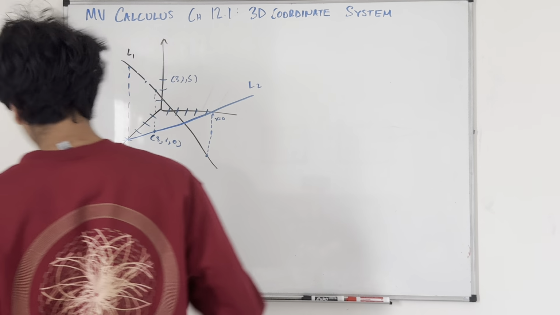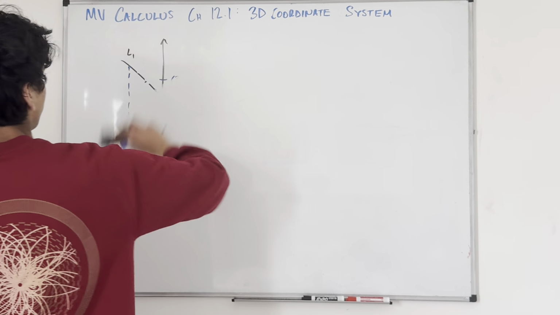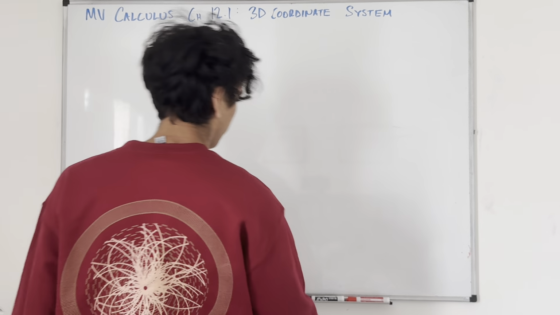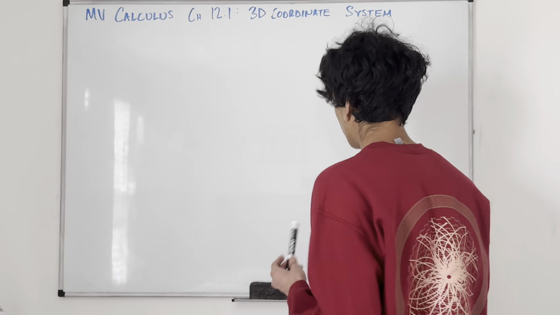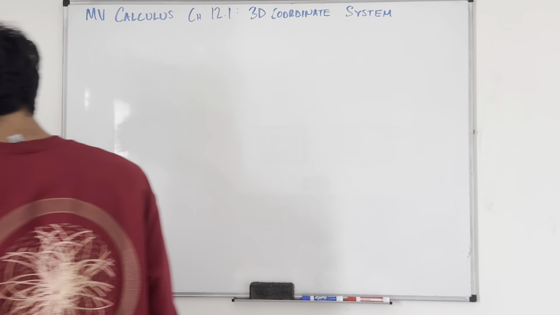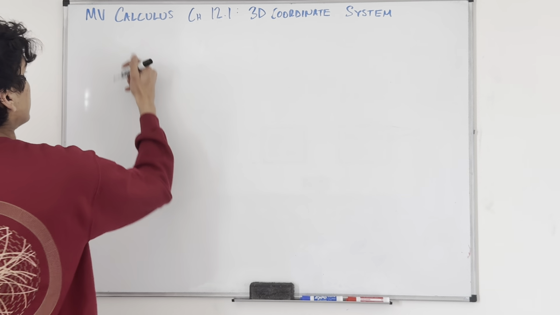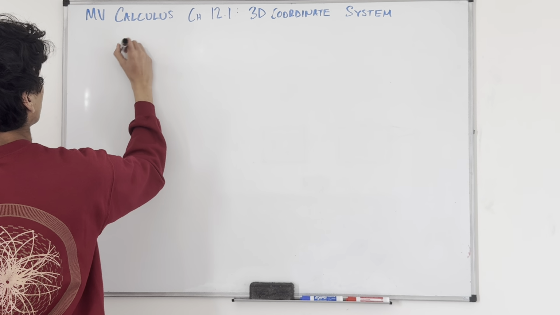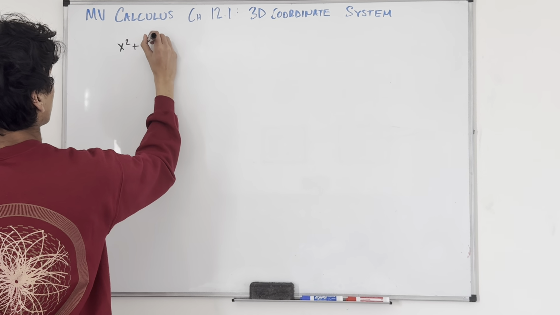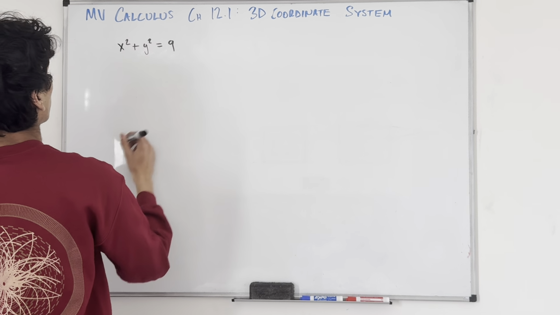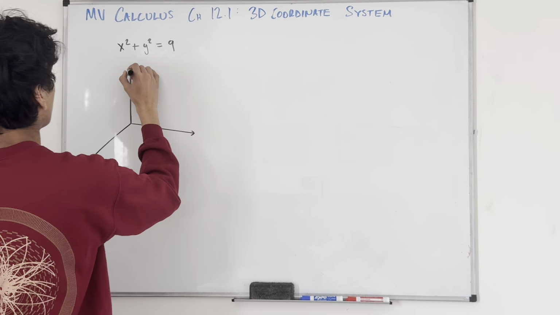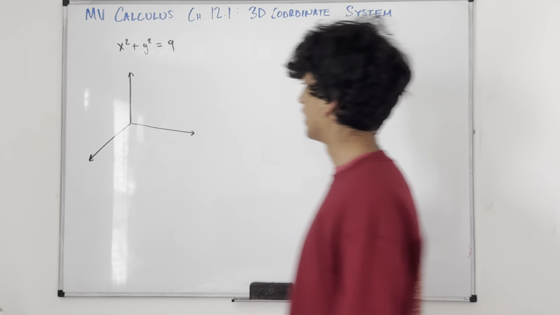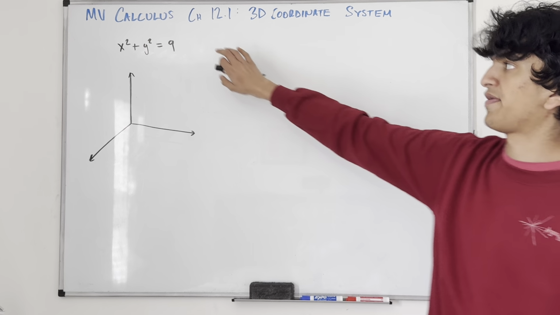Let's quickly go over some other surfaces too. For example, let's say you have the surface x squared plus y squared equals 9. We know that in a plane, this will be a circle, because this is really a statement of the Pythagorean theorem.